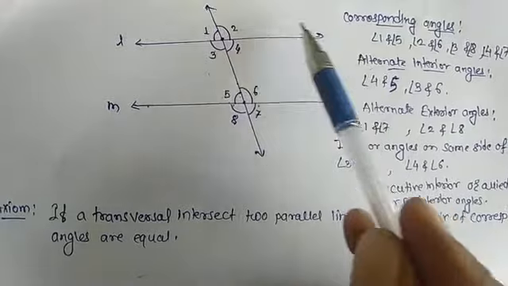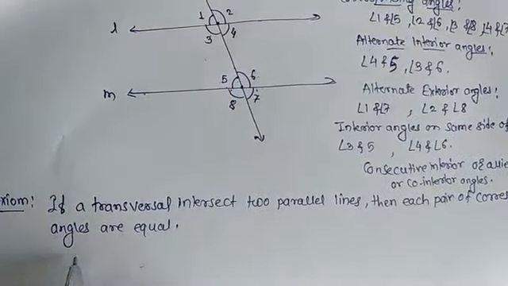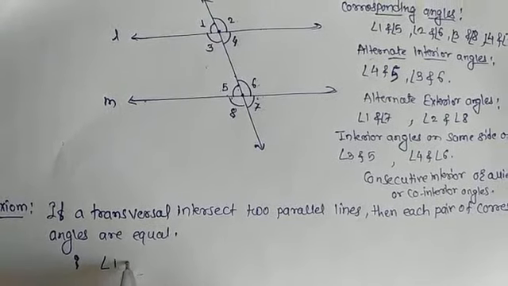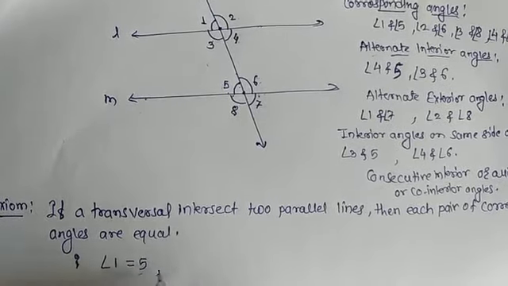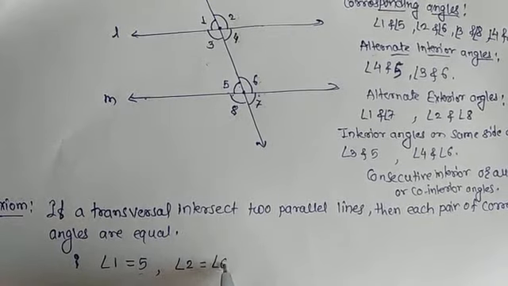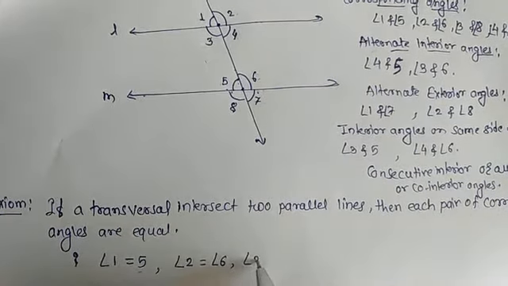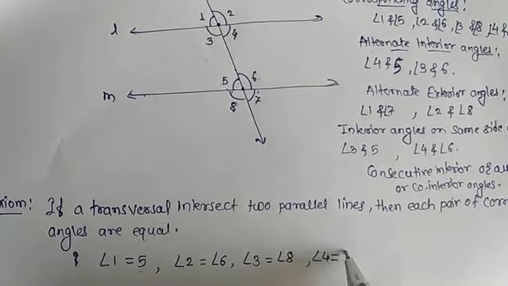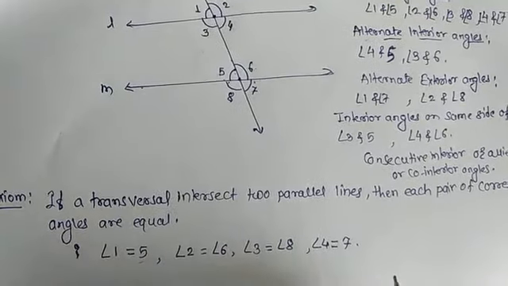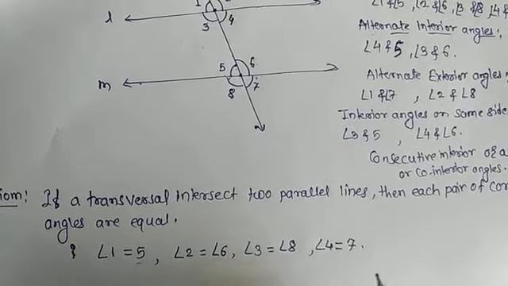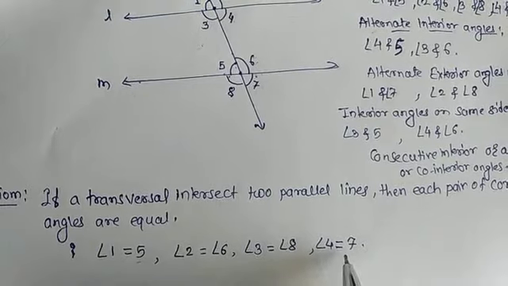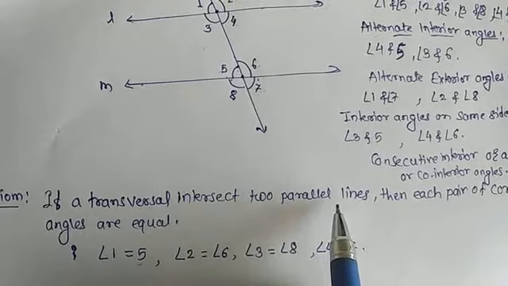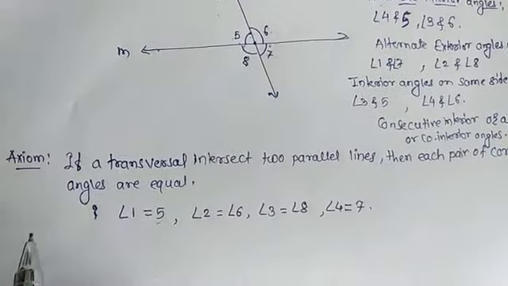From the above figure, angle 1 will be equal to angle 5, angle 2 will be equal to angle 6, angle 3 will be equal to angle 8, and angle 4 will be equal to angle 7, because there are 4 pairs of corresponding angles. So these 4 pairs are equal when a transversal intersects two parallel lines, that means corresponding angles are equal.